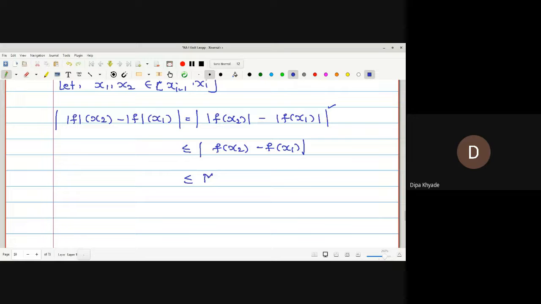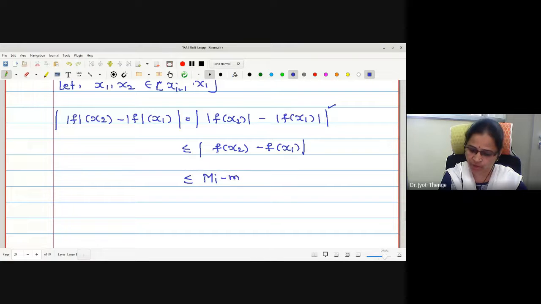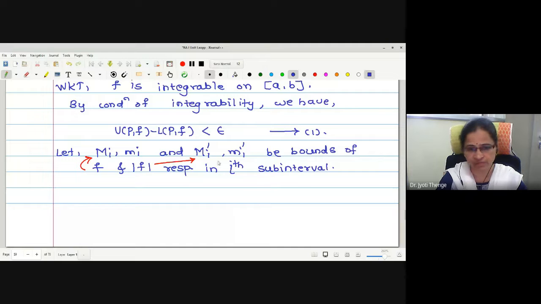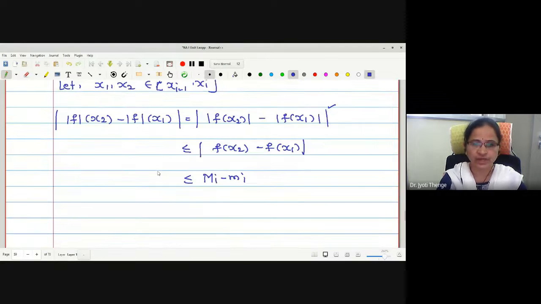Small mi dash? No, it is Mi only. Dashes are the bounds for mod f we have written, right? Therefore, can I write capital Mi minus small mi? Okay, the reason here is by lemma.